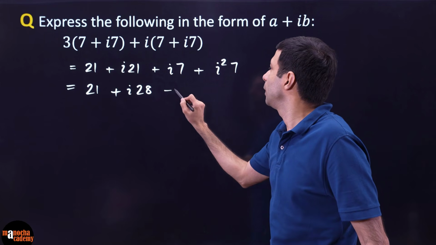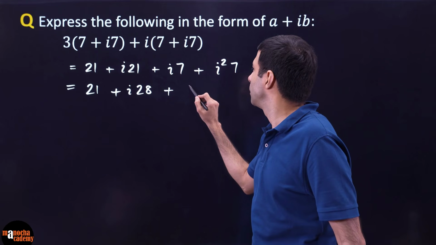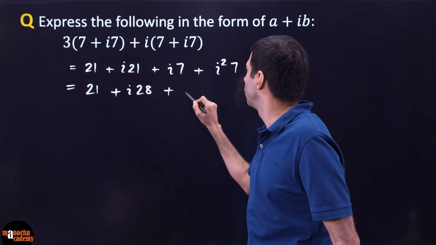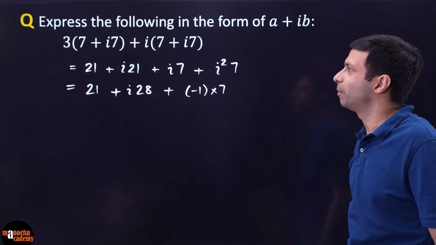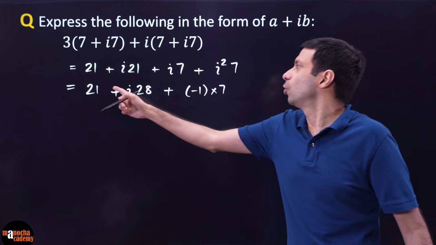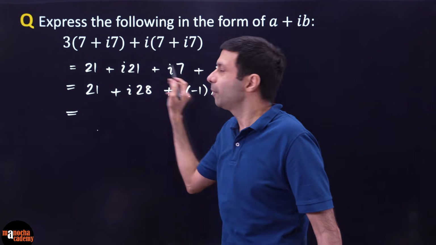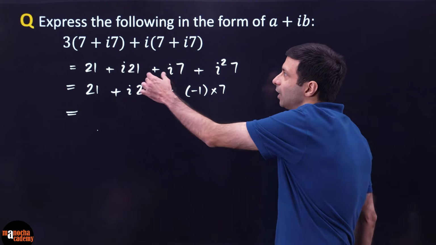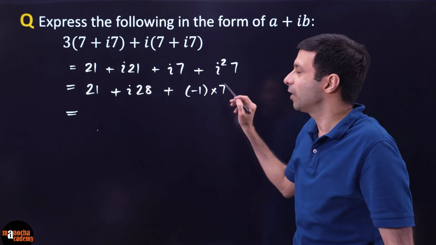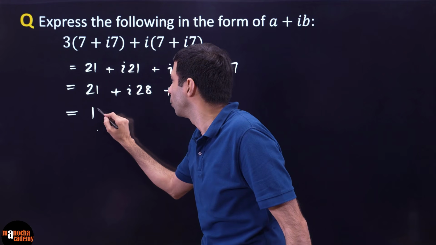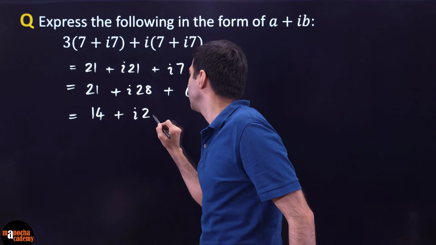And here we have i square. Remember, i square is minus 1. So this becomes minus 1 multiplied by 7. So this term basically becomes minus 7. If you do 21 minus 7, the whole idea is to combine the real parts and the imaginary parts. Like here we combined the imaginary parts. Now we'll combine these real parts, 21 minus 7. So that will give me 14 plus i28.